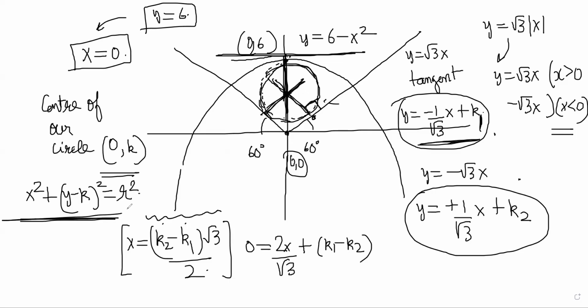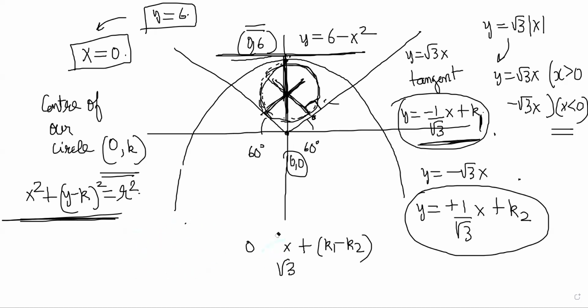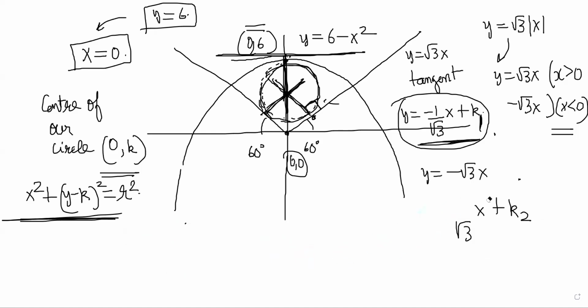Now this circle is touching the parabola at the point 0, comma 6, right? And it also touches the two lines, right? So we have to make sure that y is equal to root 3x and y is equal to minus root 3x are tangents to this circle, right? Okay.